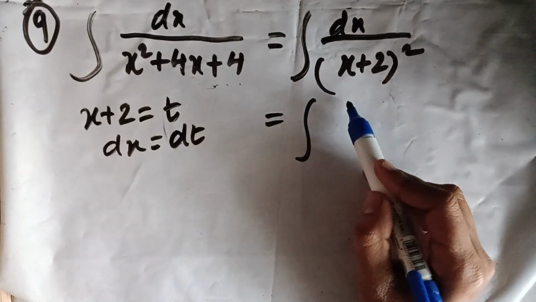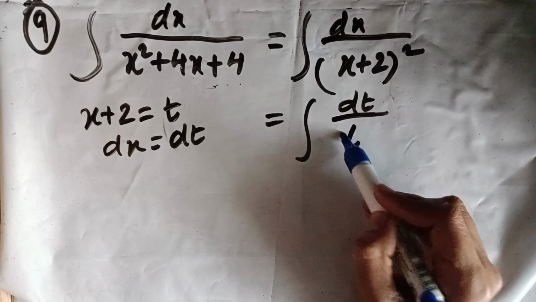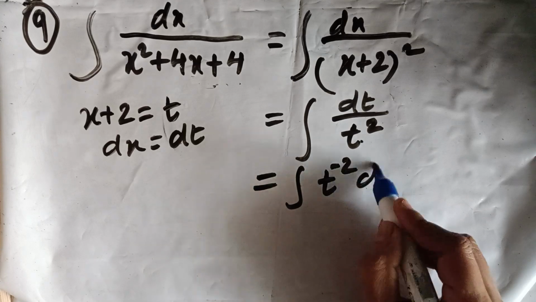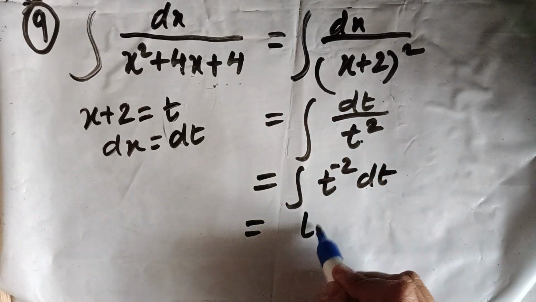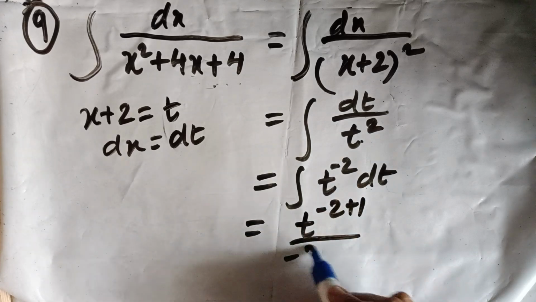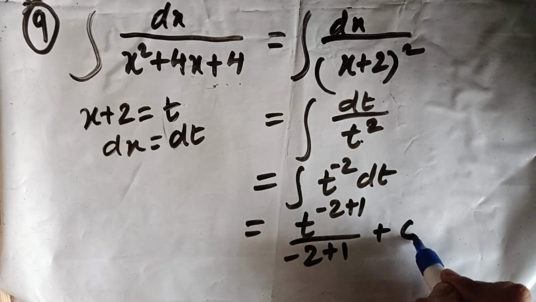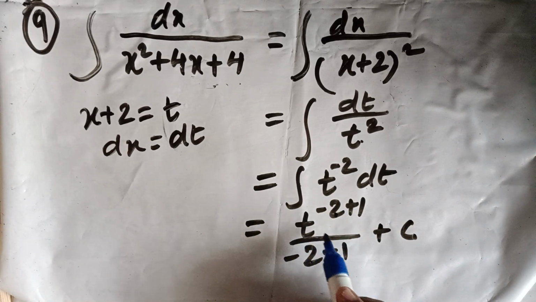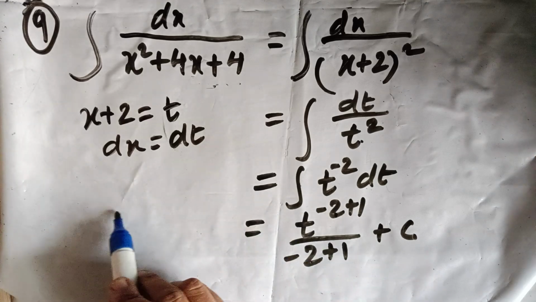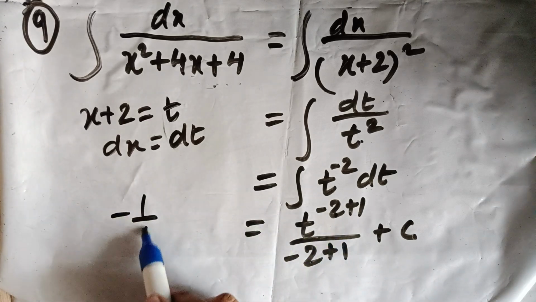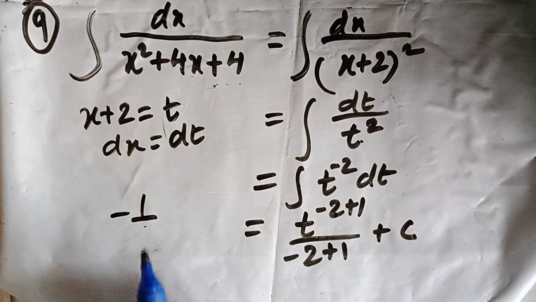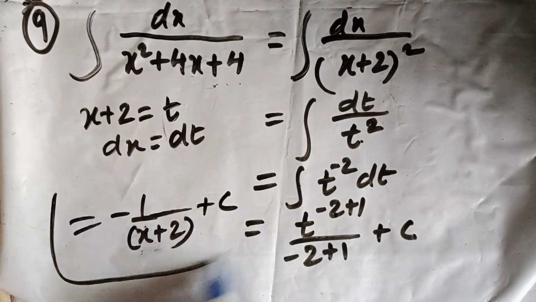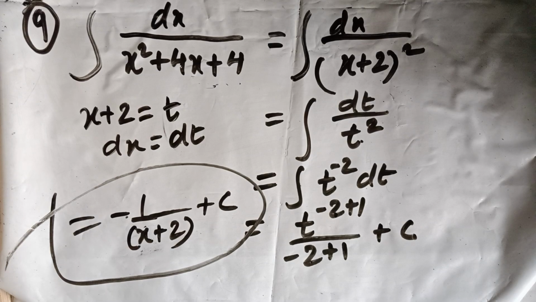So this is our dt upon t square. Okay, t square you can write it as integral t raised to minus 2 dt. Okay, so integrating this you will get t raised to minus 2 plus 1 upon minus 2 plus 1, plus c. So you will get here t raised to minus 1 upon minus 1. Okay, so this is minus 1 upon t, and t is nothing but our x plus 2 plus c. So this is the answer, minus 1 upon x plus 2 plus c.